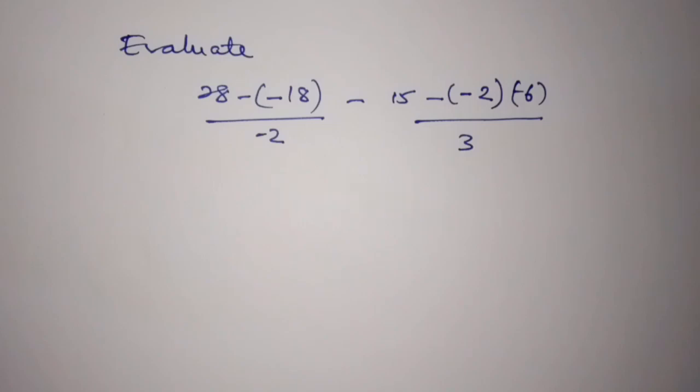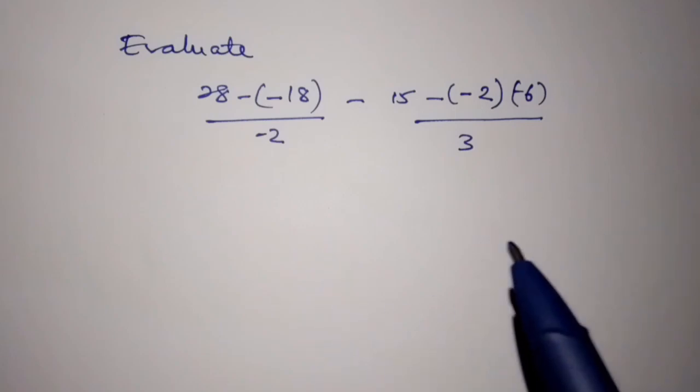Evaluate 28 minus, in bracket, negative 18 over negative 2, minus 15 minus, in bracket, negative 2 in bracket negative 6 over 3. How can we solve this problem?